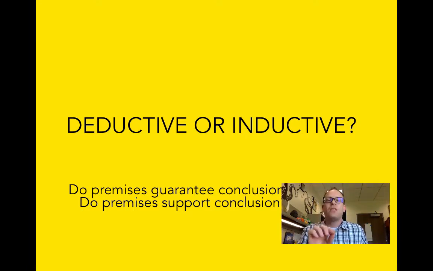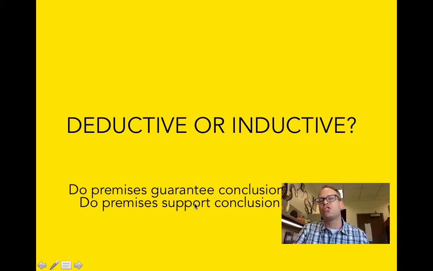But the thing that I want to focus on now is I've given you guys these sorts of dry definitions for what a deductive argument is and an inductive argument is. I want to try to give you examples of a deductive argument and examples of an inductive argument in hopes that this will allow you to appreciate or understand the difference. Bottom line is, if the premises guarantee the conclusion, then the argument is going to be deductive.